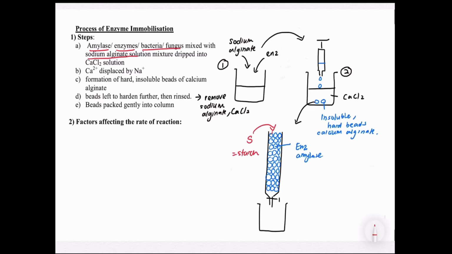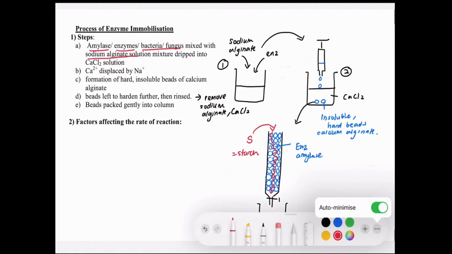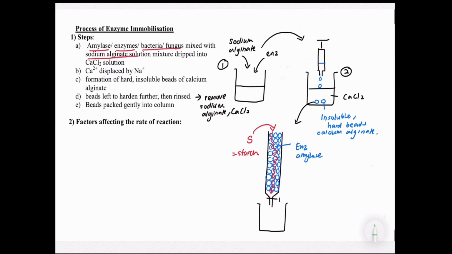As the starch trickles down the beads along the column, the starch will enter the bead, react with the enzyme, and exit the bead. If not all of the starch has reacted, it can continue to the next bead and subsequently the following bead, until towards the end most likely all the substrate would have been converted into product. When you think the reaction has completed, you open the clip and release the product. That's where the product is collected.